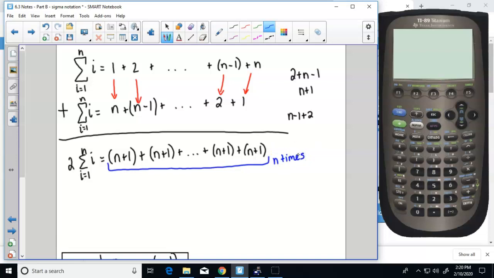And if we add something together n times, then we can write this side like this: n times n plus 1. If we had 5 three times, 5 plus 5 plus 5, we could write that as 5 times 3. If we had 7 four times, 7 plus 7 plus 7 plus 7, we could write that as 7 times 4.